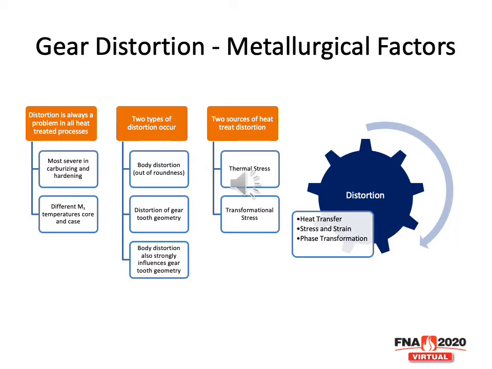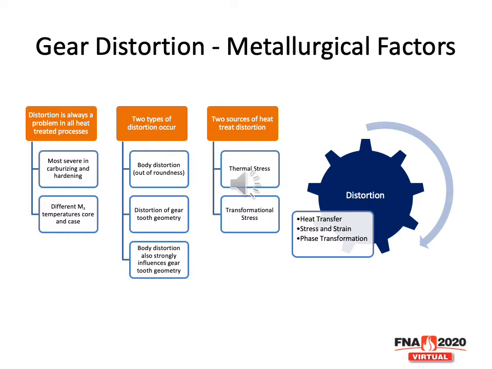As I indicated previously, distortion is always a problem in all heat-treated processes. It doesn't matter whether it is aluminum or steel or superalloys. It is always a problem. Typically, it's most severe in carburizing and hardening of steels, particularly for gear distortion.